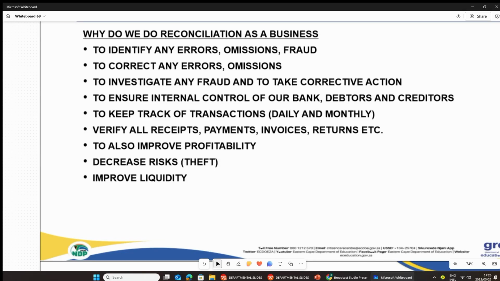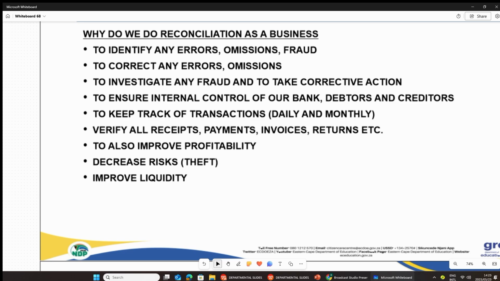Hence, we need to reconcile our books. When we have errors, we need to correct them, and that's why we do reconciliation on a monthly basis. If there were omissions, we also have to record those omissions in our necessary books. If there is fraud, we also have to investigate that fraud and take corrective action in order for it not to happen again.